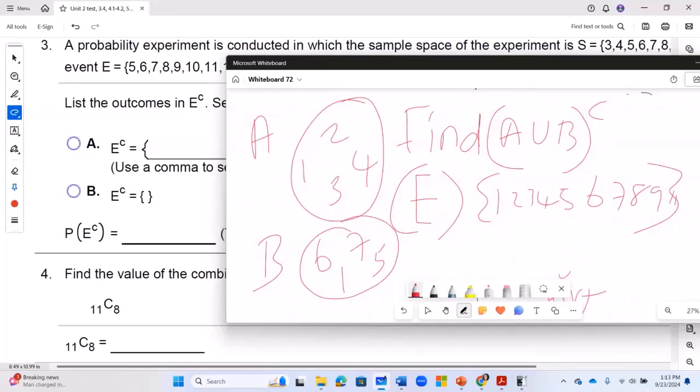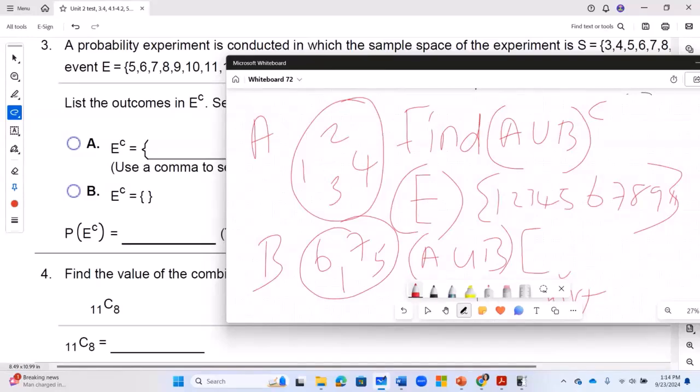So if I'm trying to find A union B, A union B will be everything in A and everything in B. Remember, this is the universal set.